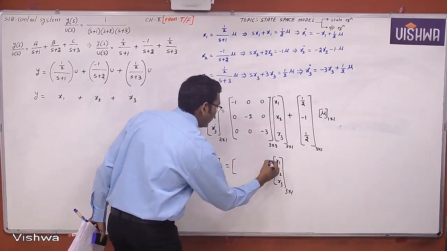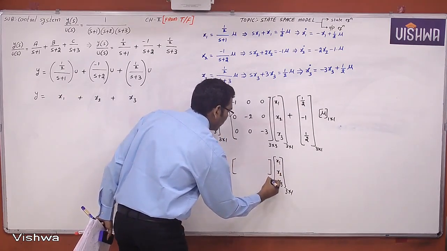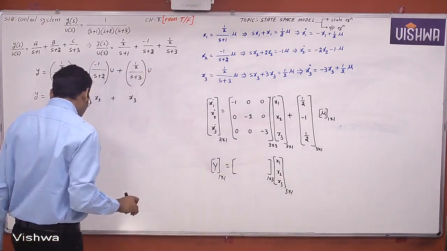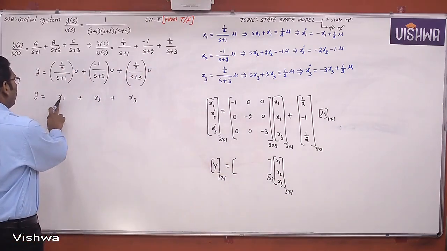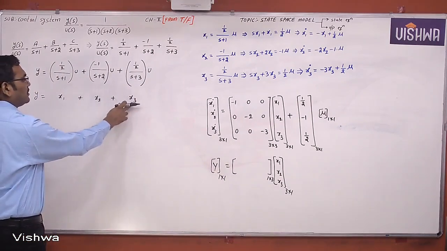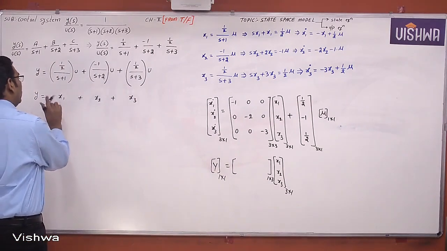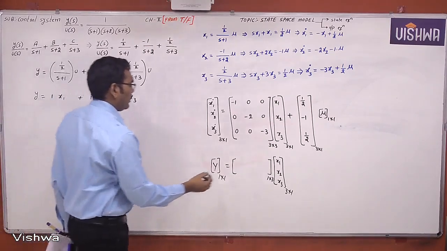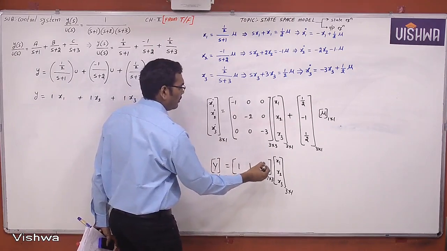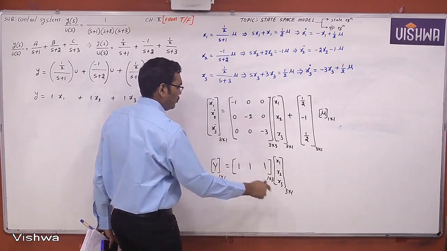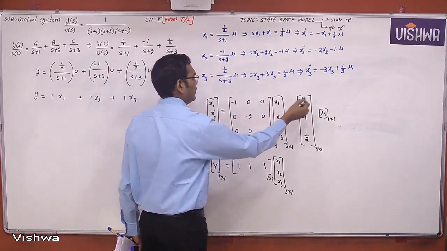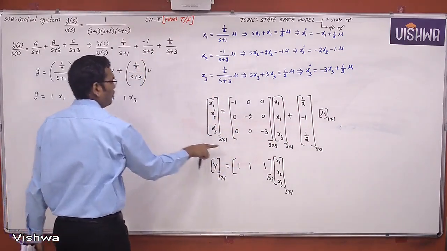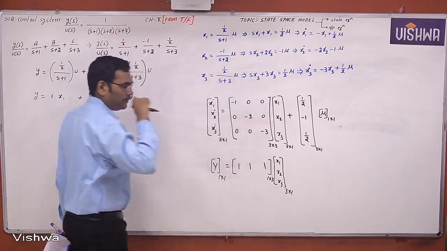Y is equal to X1 plus X2 plus X3, so the entries are 1, 1, 1 times X1, X2, X3. This is the A matrix, this is the B matrix, this is the C matrix. The order is 3, therefore the A matrix order is 3 by 3.